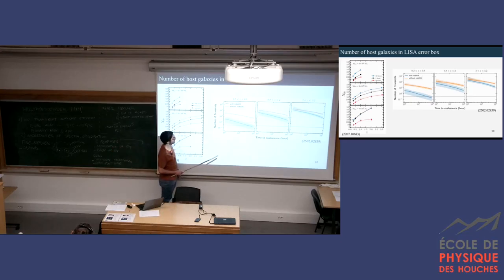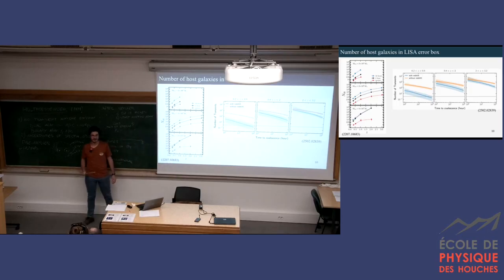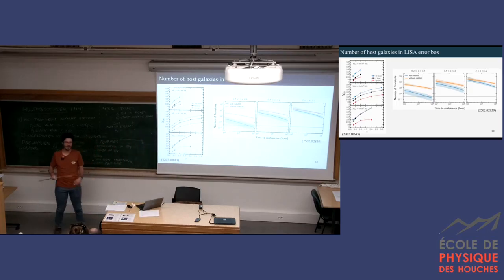If you want to be a bit more optimistic, you can look at the blue lines. The blue lines mean that you are able to get the redshift for all the transients in the LISA sky localization, which is an overestimate, of course, because this will never happen.